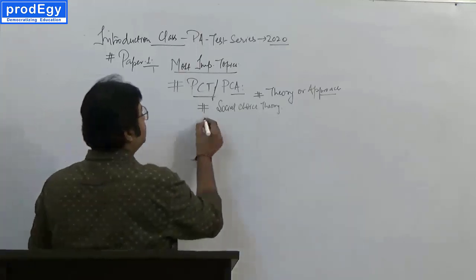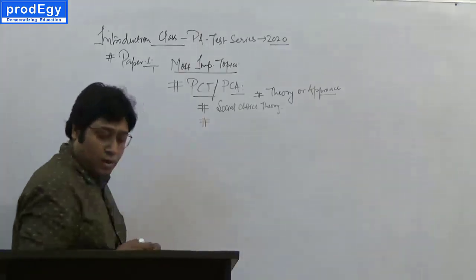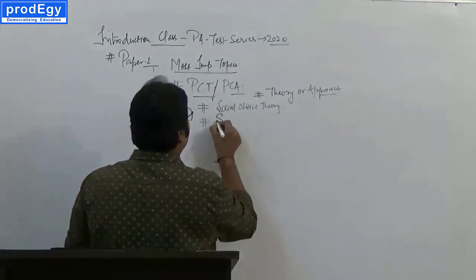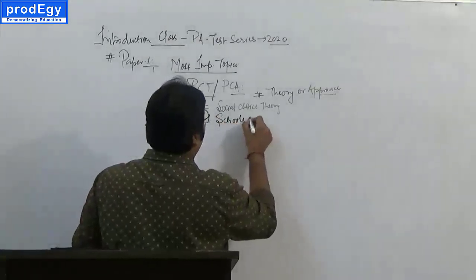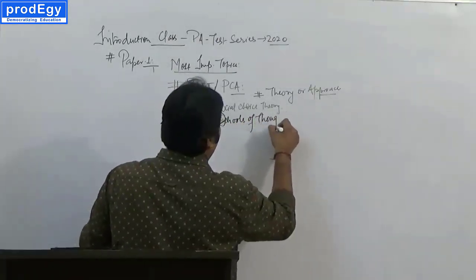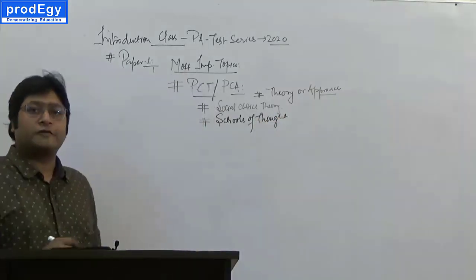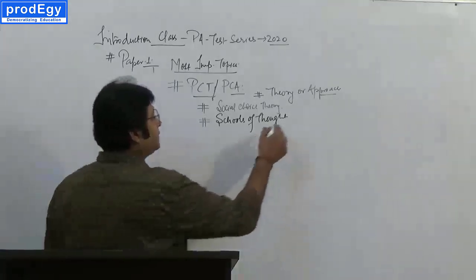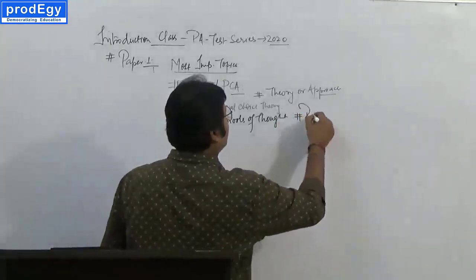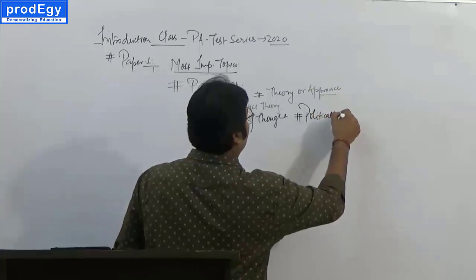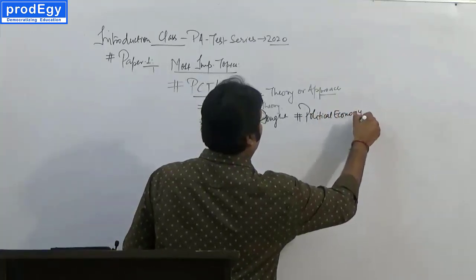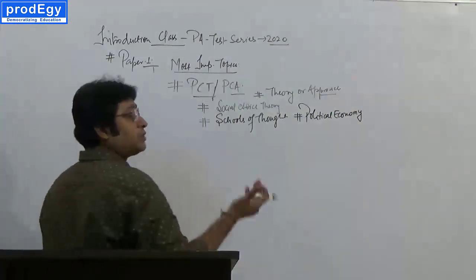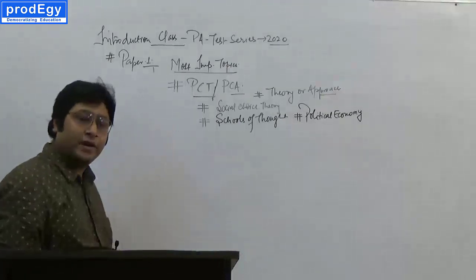Then what were the different schools of thought in the public choice approach? Fine. What is the political economy approach and why is it becoming very popular?